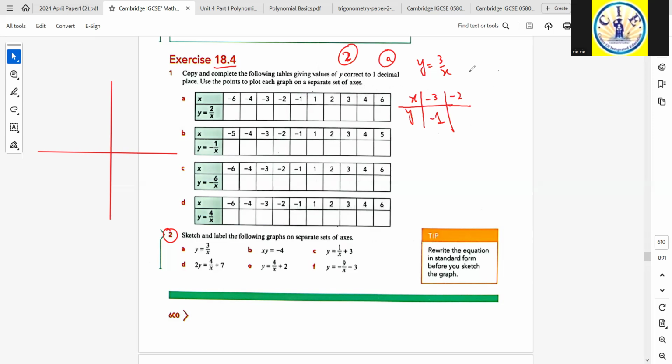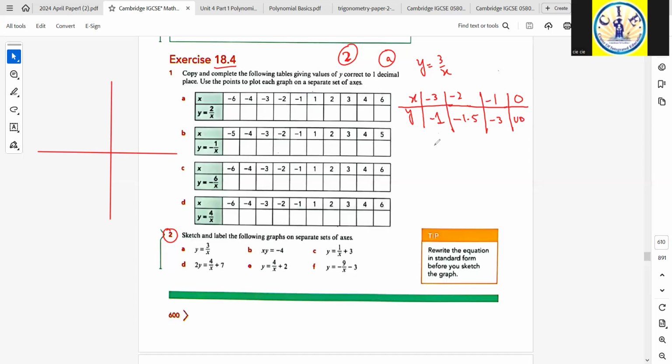That is -1.5. Okay, then when it is -1, this is -3. When this is 0, so this is undefined obviously.